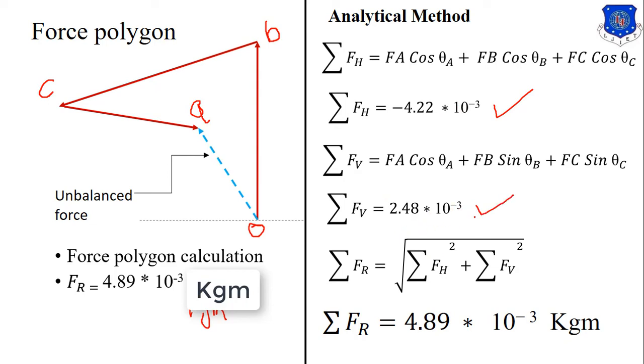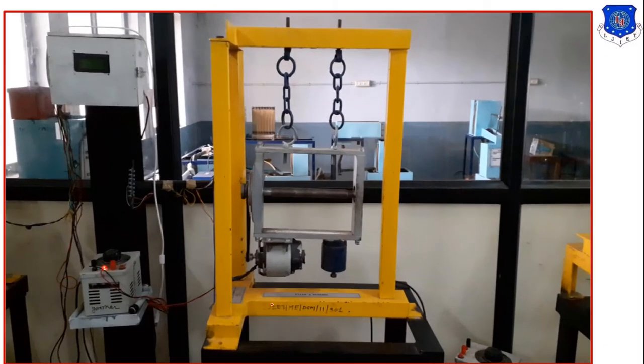So finally, the resultant force value is 4.89 into 10 raised to minus 3 kg meter. So this is the force polygon, and this is the unbalanced force value that we are getting in our balancing machine.